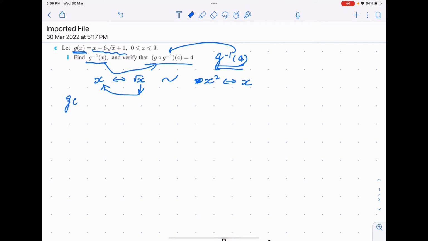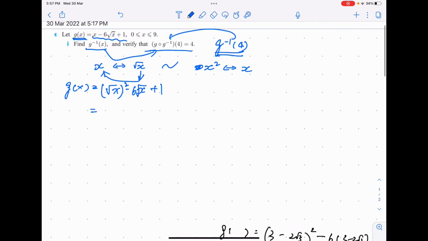So g(x) in some way is almost like a quadratic with square root x as the variable, right? If I can, I may write it like square root of x minus a, squared, minus 6 square root of x plus 1, then I can complete the square in that way, right?